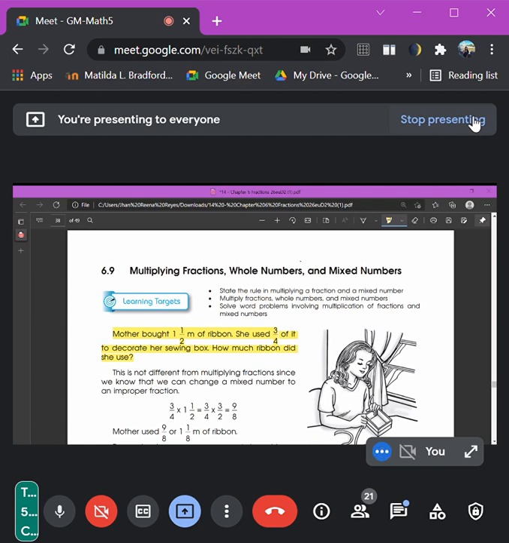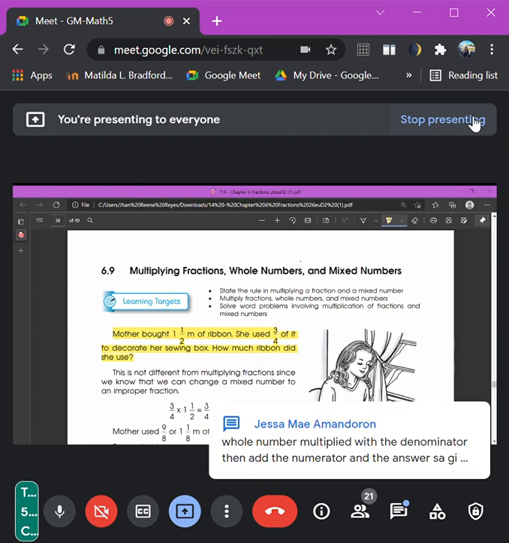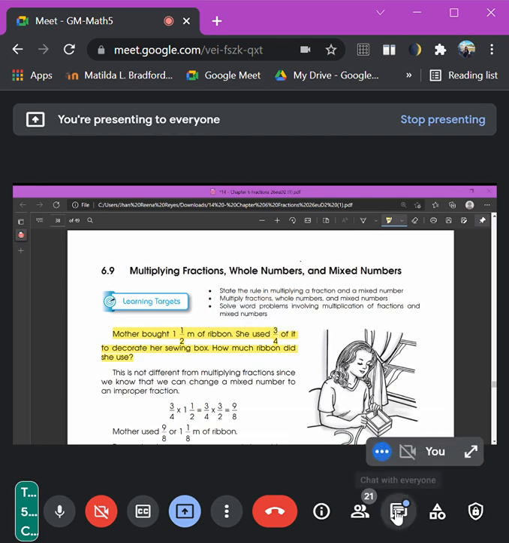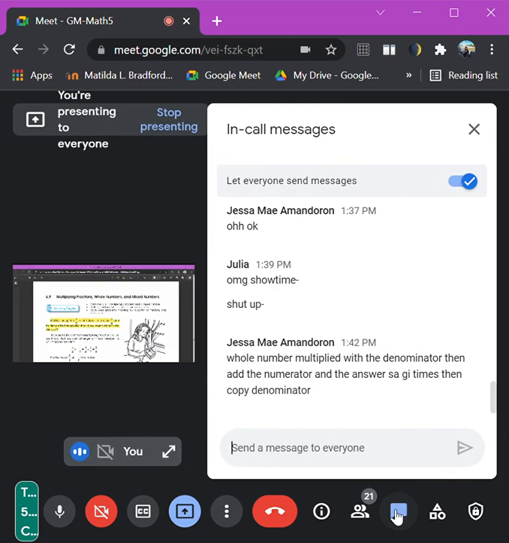Hello? Yes. Okay, I thought you could not hear me. Katalon, how do we change our mixed number? Actually, Jessa has sent her answer. You multiply your whole number with the denominator, then add the numerator, and copy the denominator.